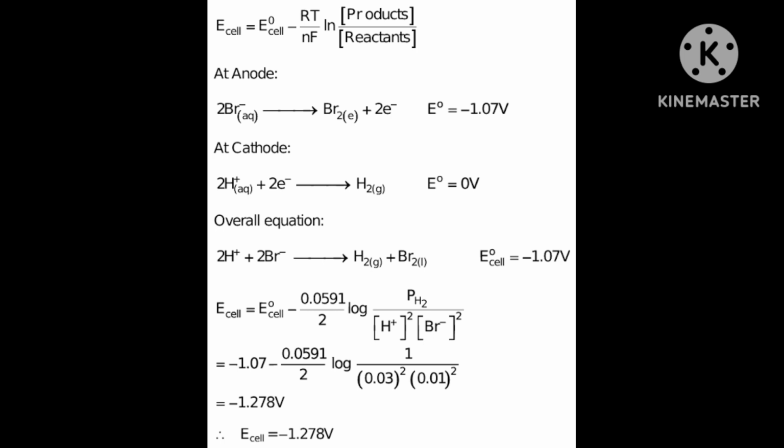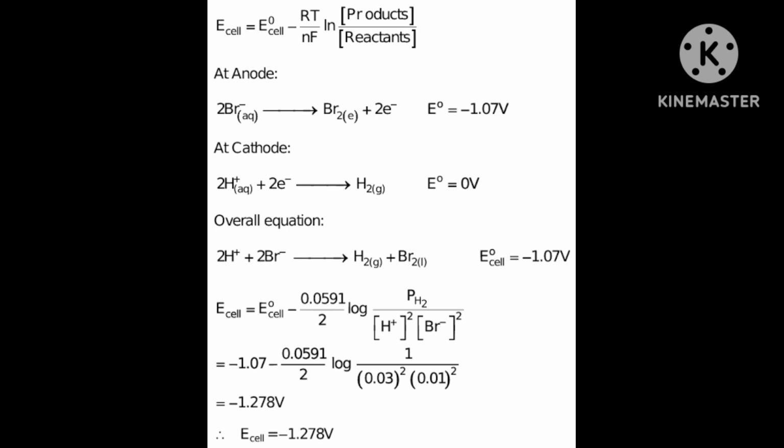RT means, now if you want, you can write directly 0.059 divided by n, or in a general way, if you don't want to put the value, you can write RT divided by nF, but in this case n is 2. Here n is 2, and 2F you can write.